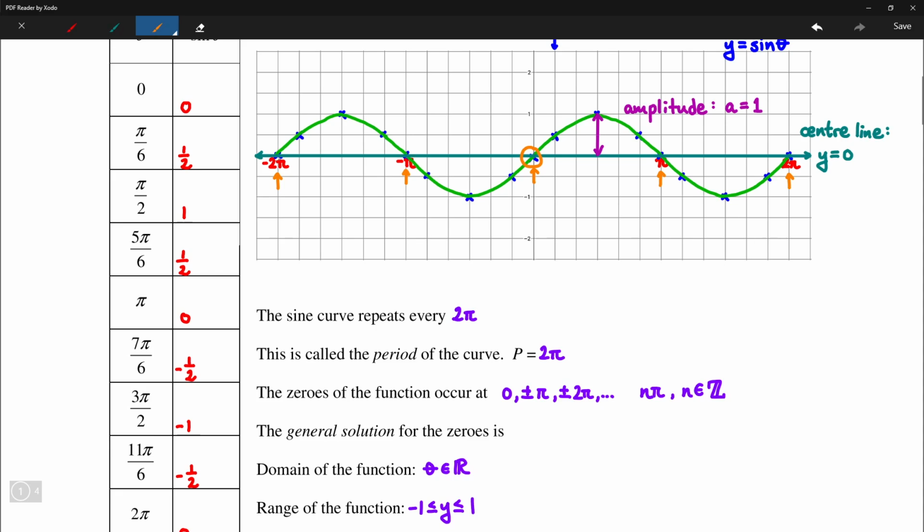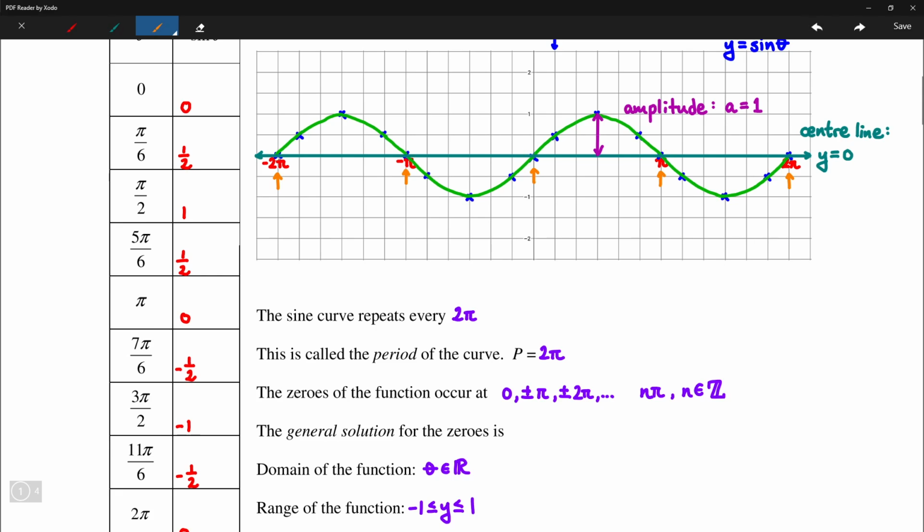Then halfway through the period, it is 0 again, and at the end, also 0. 1/4 of the way through the period, it reaches the maximum, and 3/4 of the way through, it reaches the minimum.